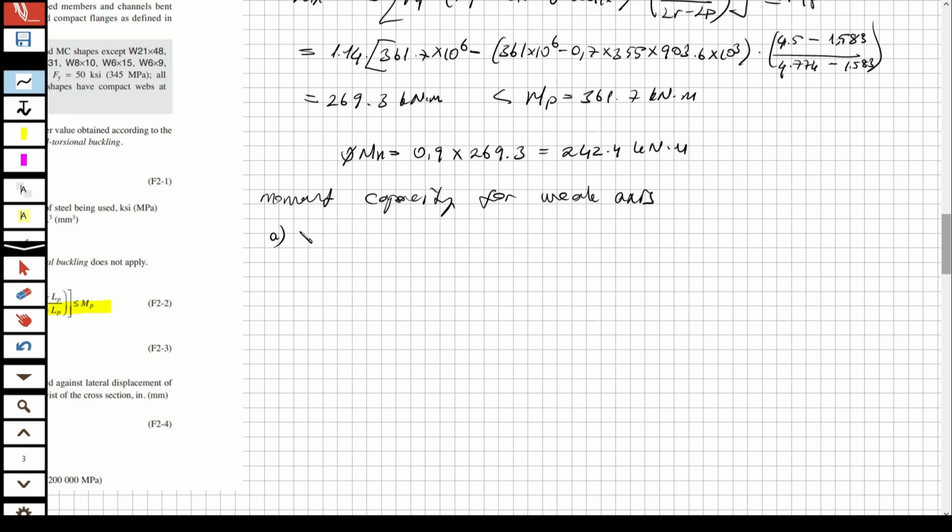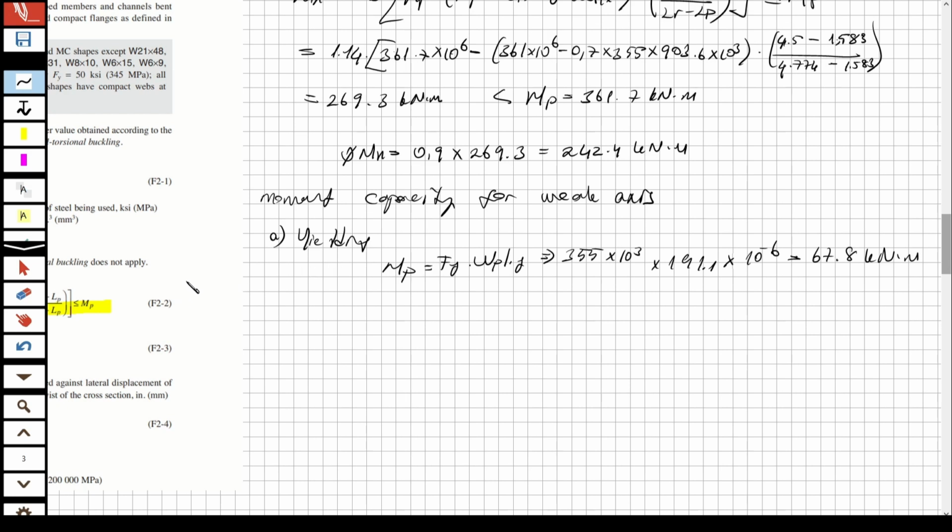So it's going to be yielding, and MP is equal to Fy multiplied by the plastic section modulus at Y, and this is going to be 355 multiplied by 10 power 3 and multiplied by 191.1 multiplied by 10 power minus 6. And this is going to be equal to 67.8 kilonewton meter. And now we got the yielding moment.